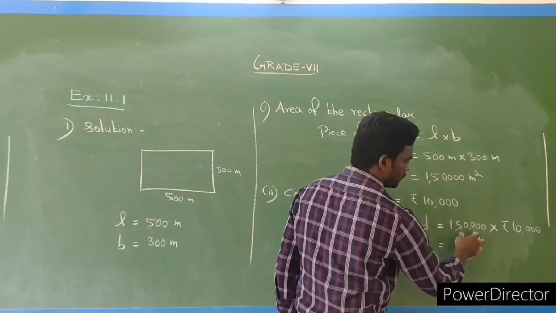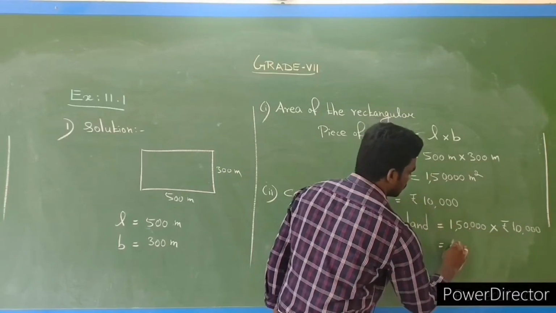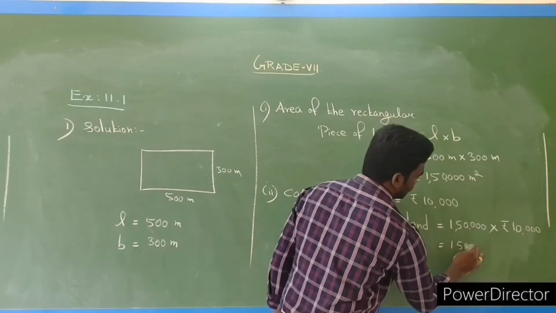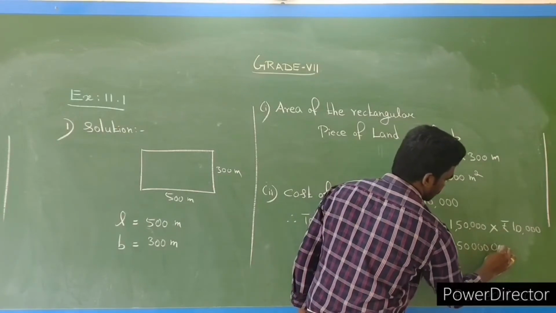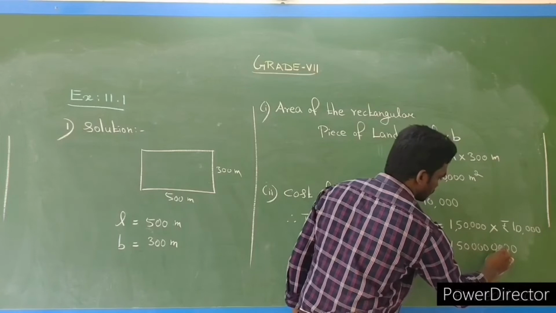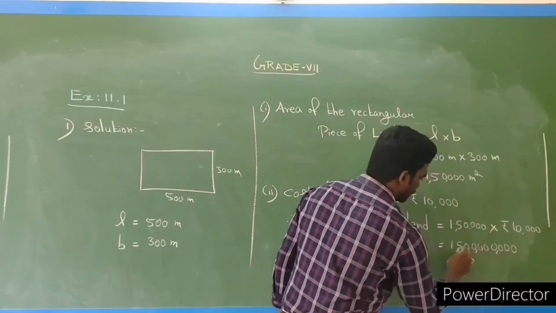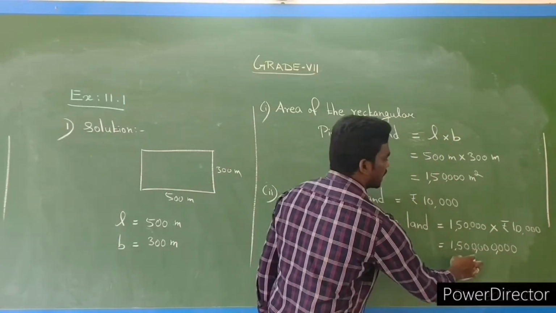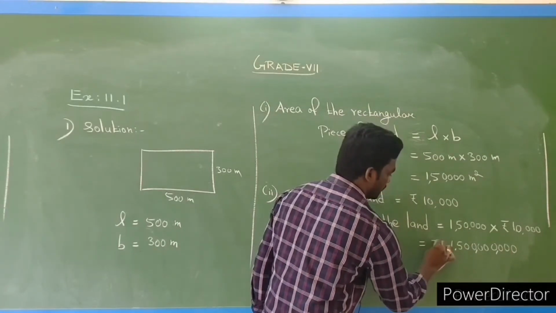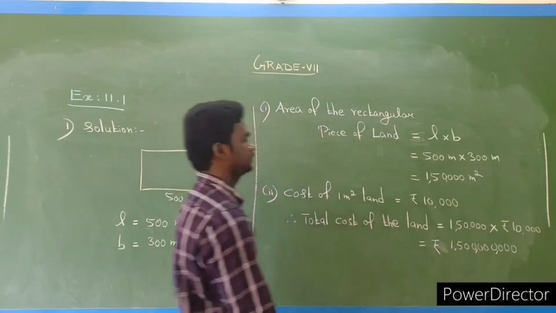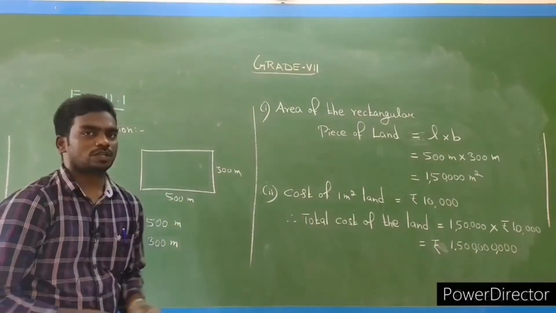What is the value of 1,50,000 into 10,000? So first we write 1,50,000, then we can add the zeros also. So the value is 1,500,000,000. The cost of the land is 1,500,000,000.